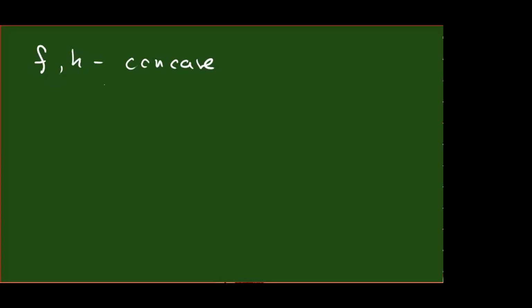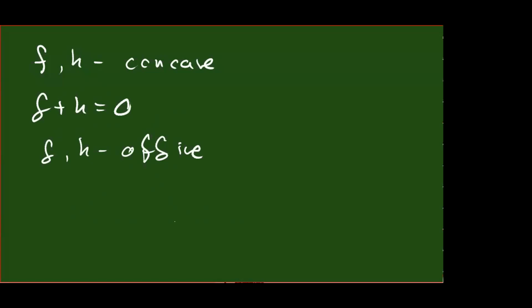In the limit, I get concave functions. I know that f plus h is 0. So that means that f and h are affine, not only concave, but also convex.